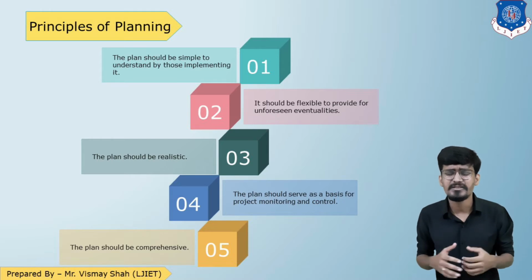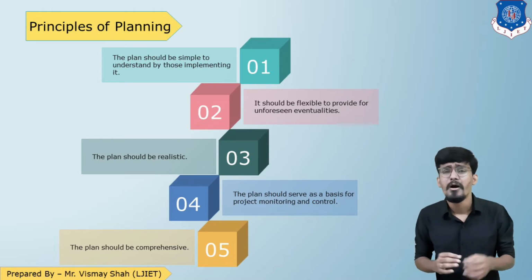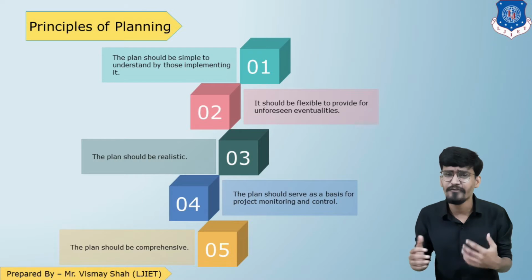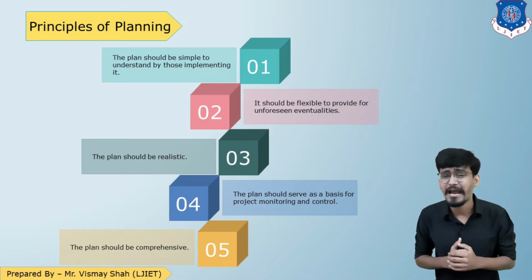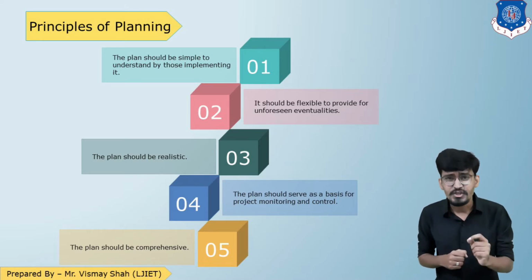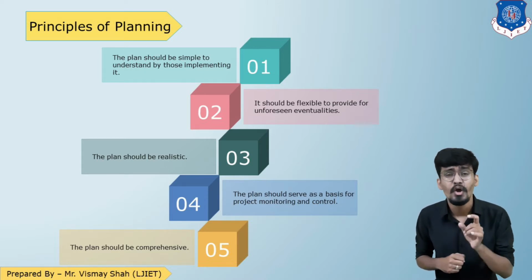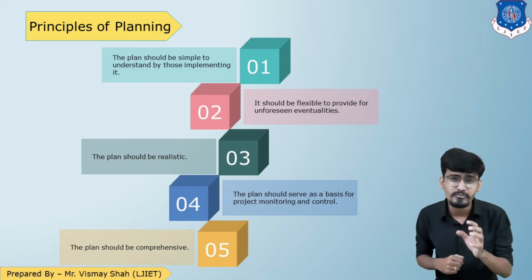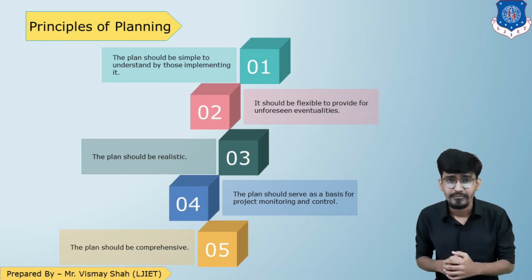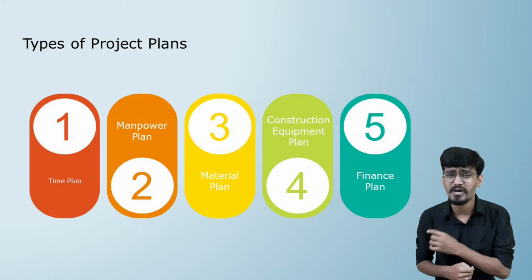Now let us look at some of the project plans, the types of project plans. There are 5 types of project plan which, as a planning engineer or as a project manager, you have to take care of. So let us see. Here are the 5 types of project plan.